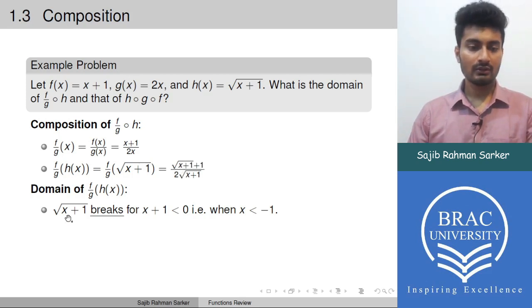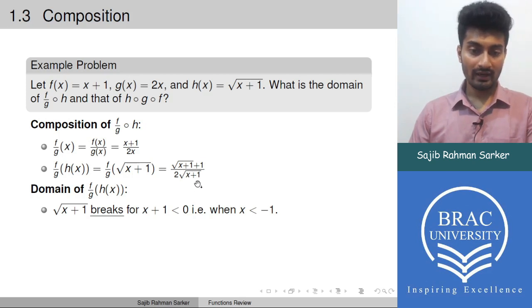So the square root of x plus 1 breaks for any value which is smaller than 0, meaning any negative value inside of this square root will cause the function to break. Now we subtract 1 from both sides and we get x less than minus 1. So for any value smaller than negative 1, this function will break.